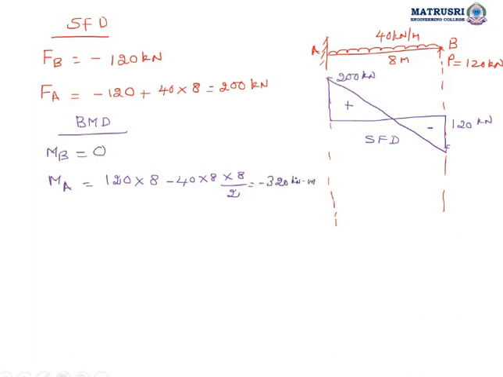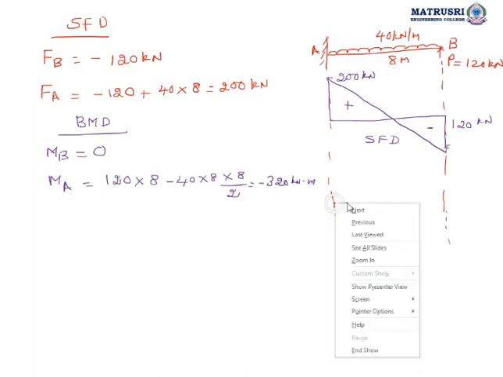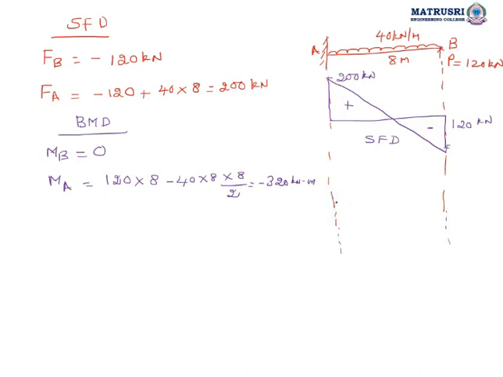If I want to draw the bending moment diagram, listen please all of you, concentrate here. Here 0, here 320 kilonewton meter. I cannot join like this because you already know maximum bending moment occurs where shear force is 0.